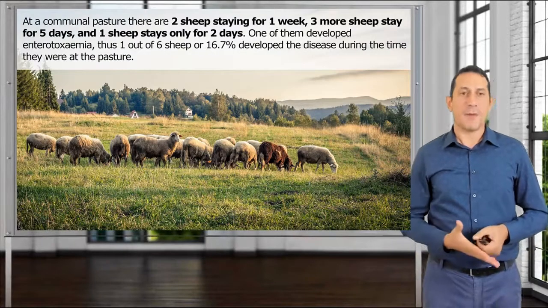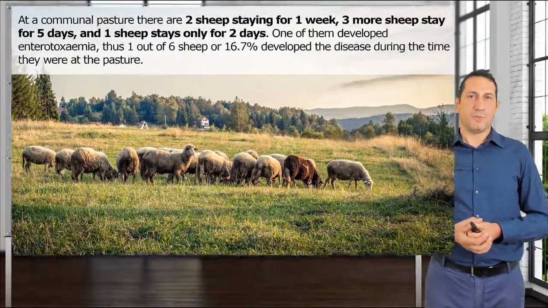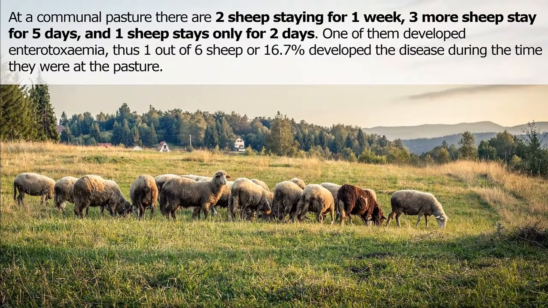To make an example, let's say in a communal pasture where animals go for a couple of days, those kinds of pastures which are nearby the villages, and different villagers group the flocks together and put them into daily transhumance or weekly transhumances. And so we have at this communal pasture 2 sheep staying for 1 week, 3 sheep staying for 5 days, and 1 sheep staying only for 2 days.